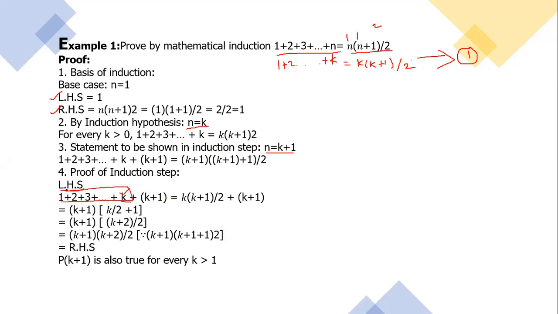Up to this I can replace with k into k plus 1 divided by 2. From the given statement, 1 plus 2 plus 3 plus etc. plus n equals n into n plus 1 divided by 2. Here it is in terms of k, so I can say k into k plus 1 divided by 2. Again, another term is k plus 1.